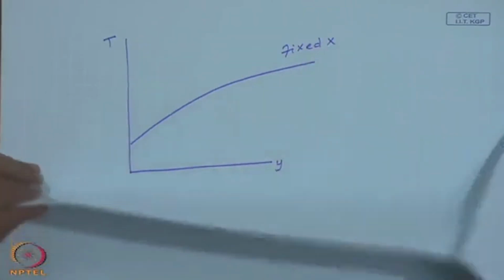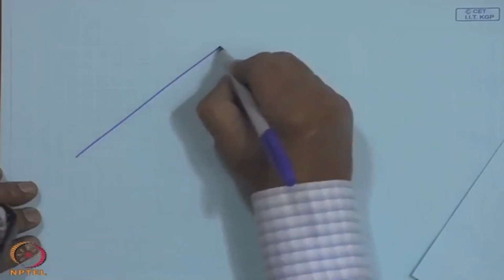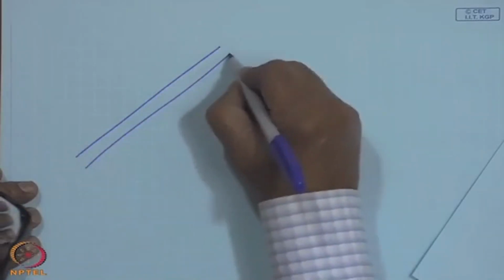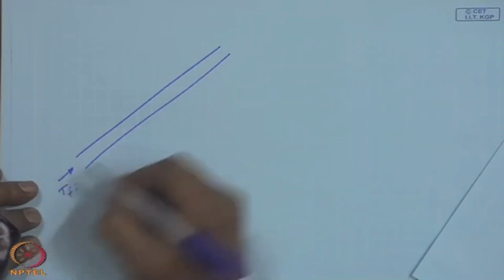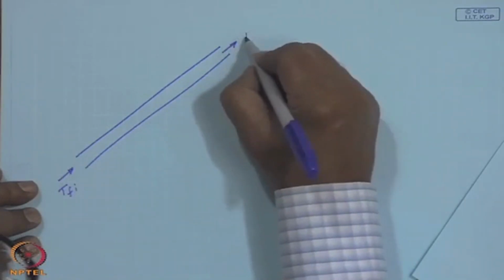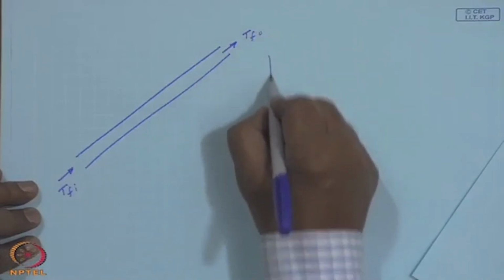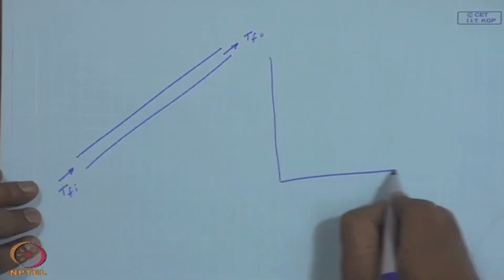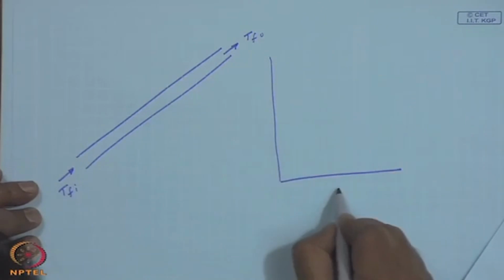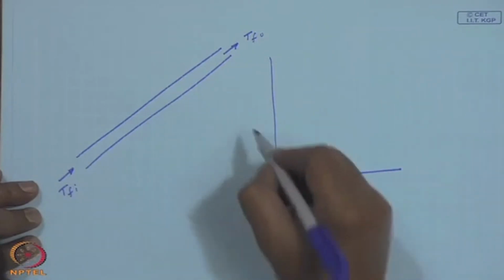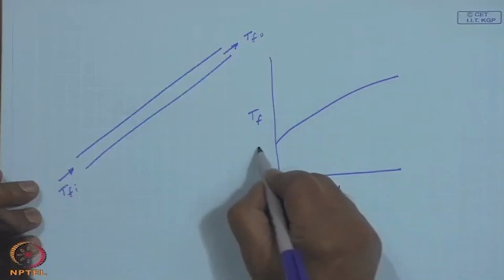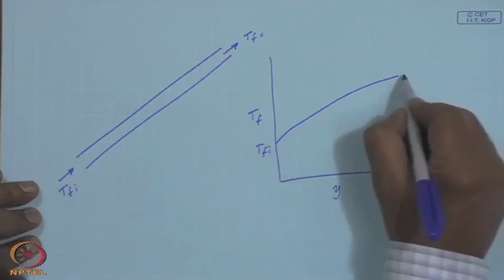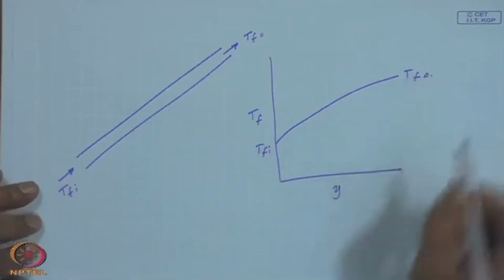To give you an idea, if this is one tube where the fluid is entering with TFI and leaving at TFO, if I plot in the tube region, it will start at TFI and exit at TFO.